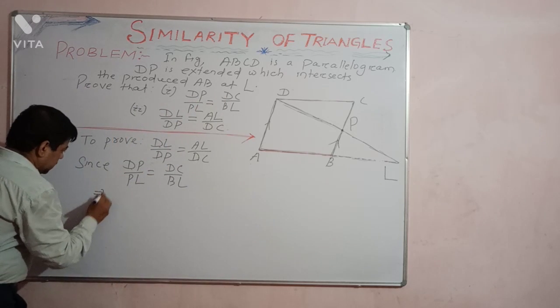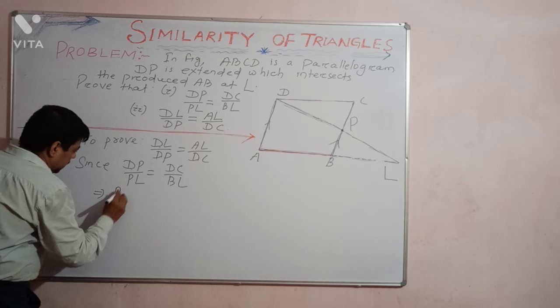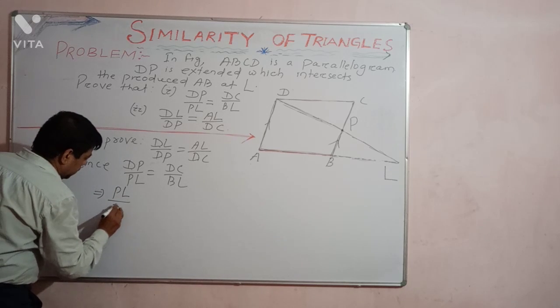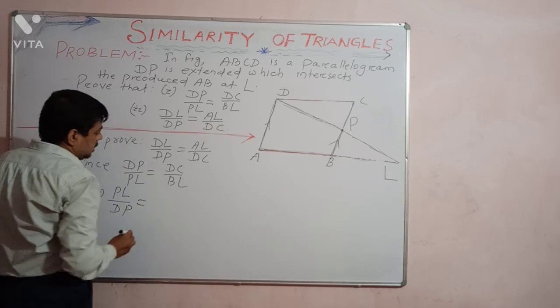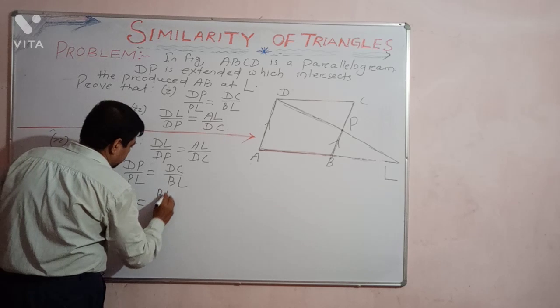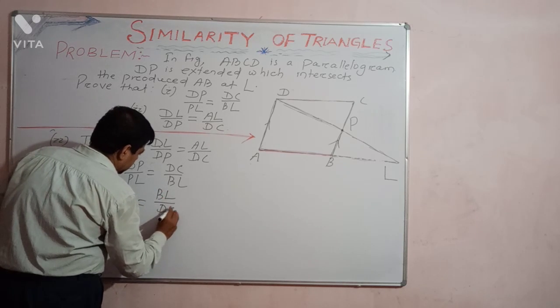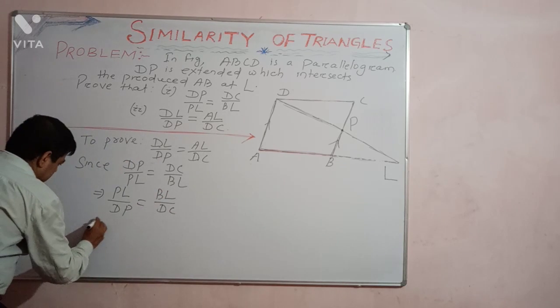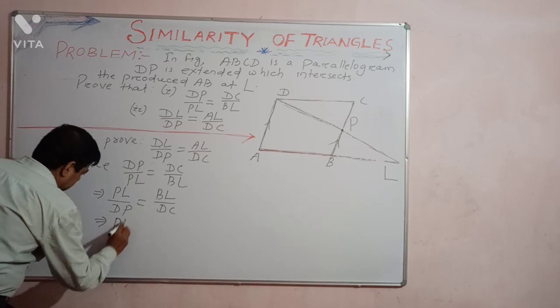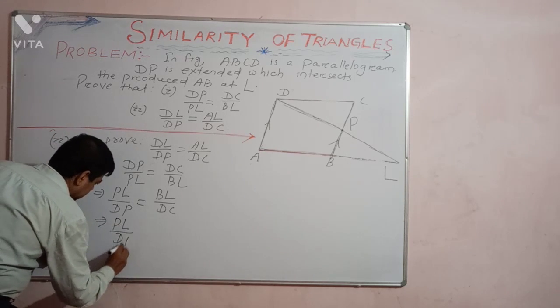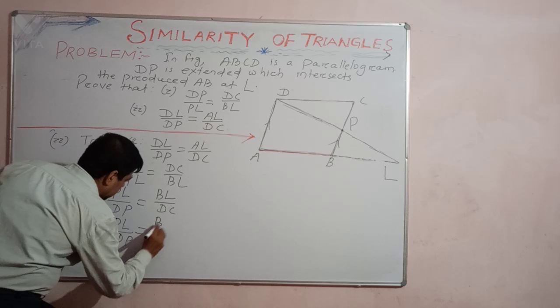So let us find the reciprocal. DP by PL will be PL upon DP. Reciprocal: DC by BL is BL upon DC. So that implies PL upon DP is equal to BL upon DC.